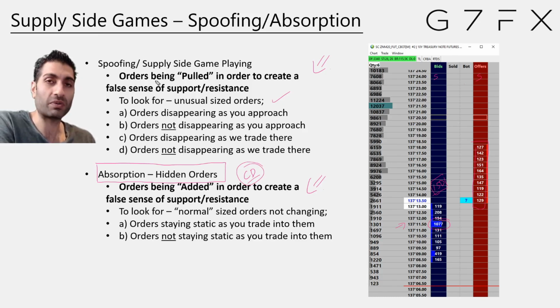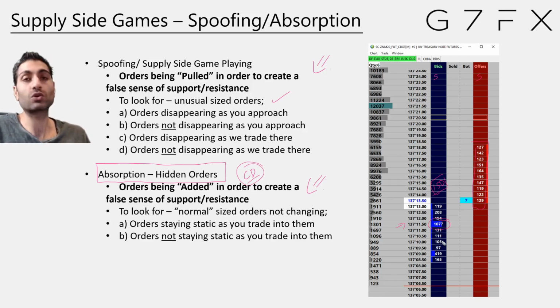And then, what are we actually looking for? Supply side games, or spoofing, which the regulators really frown upon, is orders being pulled in order to create a false sense of support. Would you agree, if you see 1077 bidders here, you're going to think to yourself, oh, there's interest to buy the market.